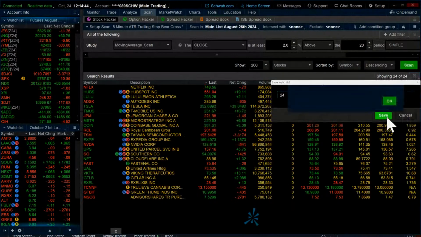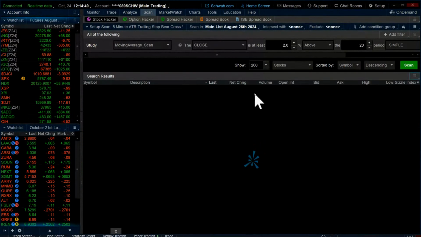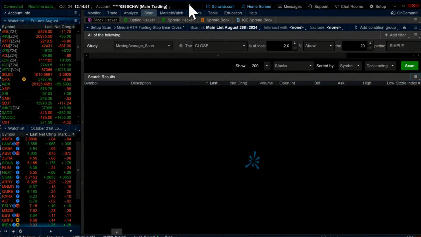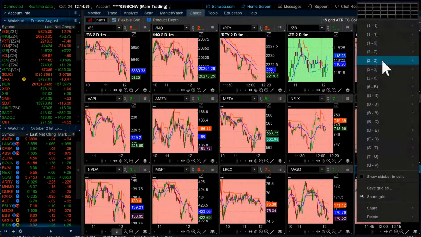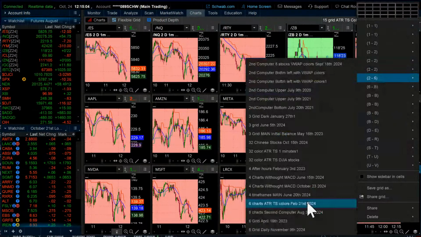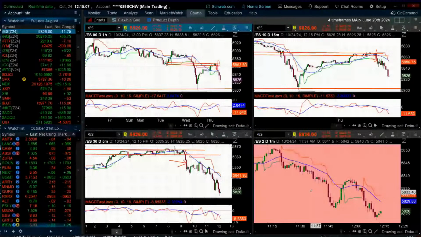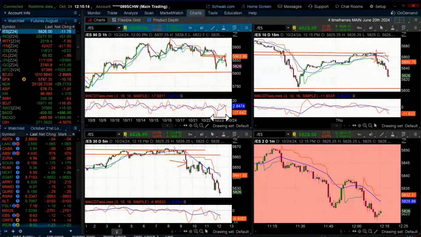Now our poster child is that the Russell is plunging under it. That's our poster child. So all we're doing in here is we're going to go to this. I'm going to go to 2 charts. We can go to 4 time frame. As you see, remember I talked about prior bottoms. You look for a reversal pattern. Prior bottoms or tops.